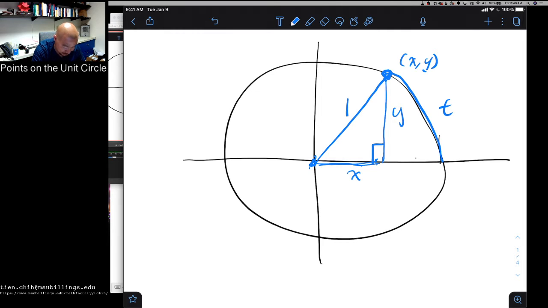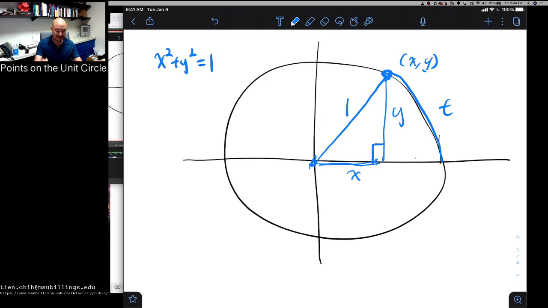So what I have then is that x squared plus y squared has to be 1, right? From Pythagorean's theorem. We know for a fact that we have that, and so that can help us in determining values on this circle.